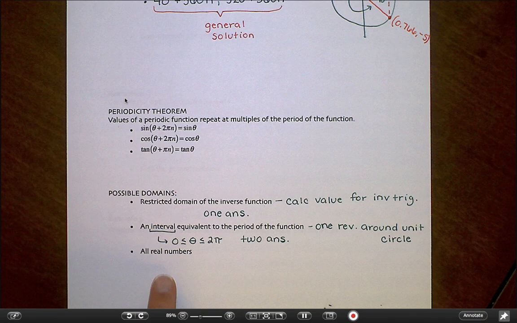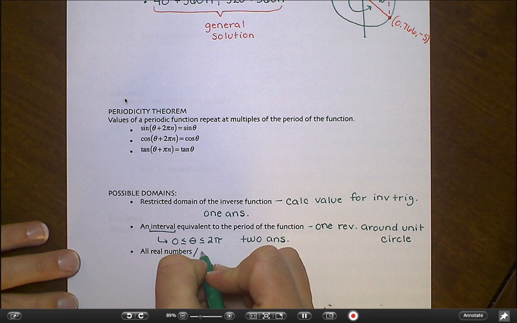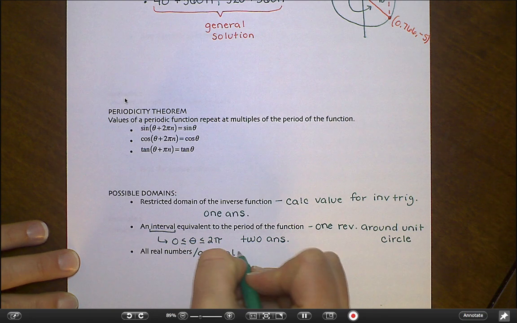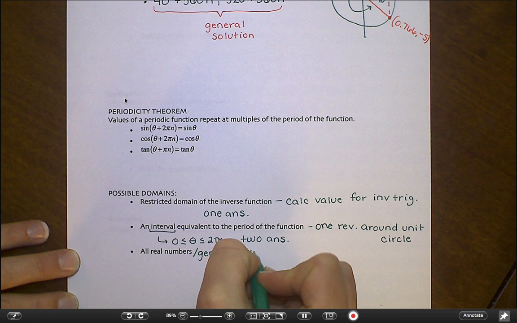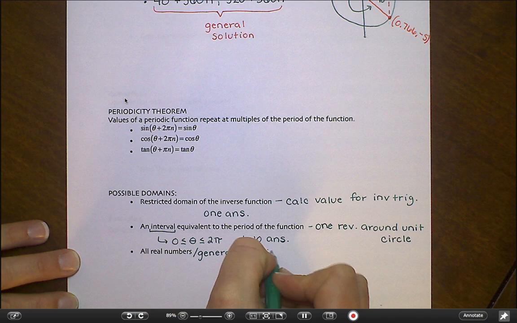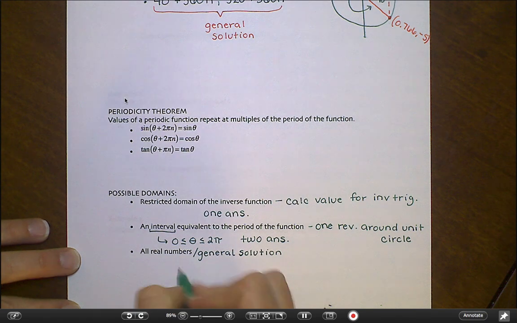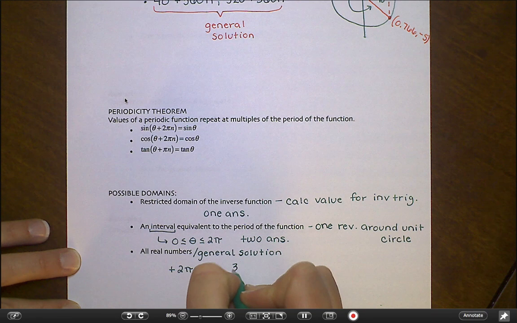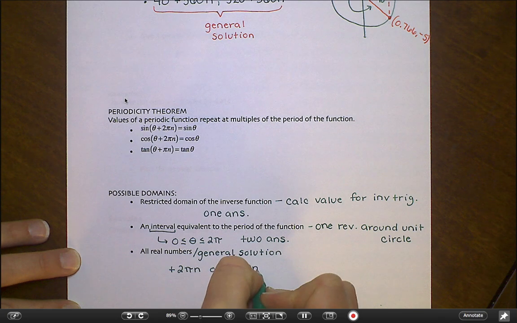And then if I want to know all real numbers, which is the same thing as asking for a general solution, that's where I want you to somehow list off all the possibilities. And we're going to do that by adding 2 pi n or 360 n, depending on if you're in radians or degrees.